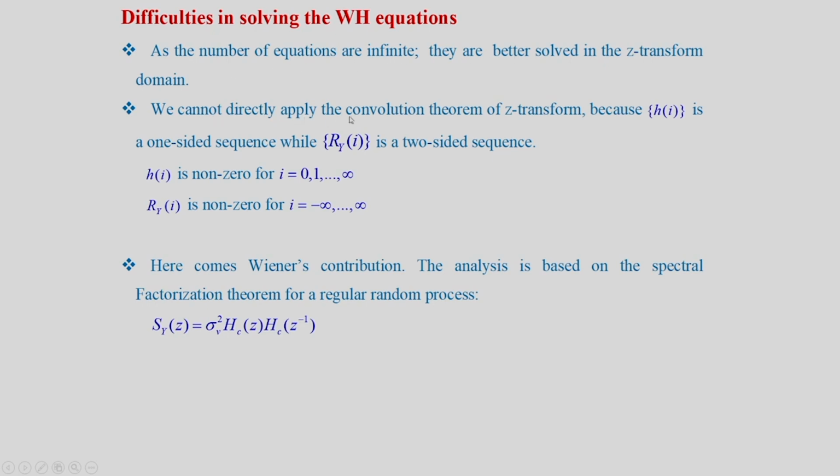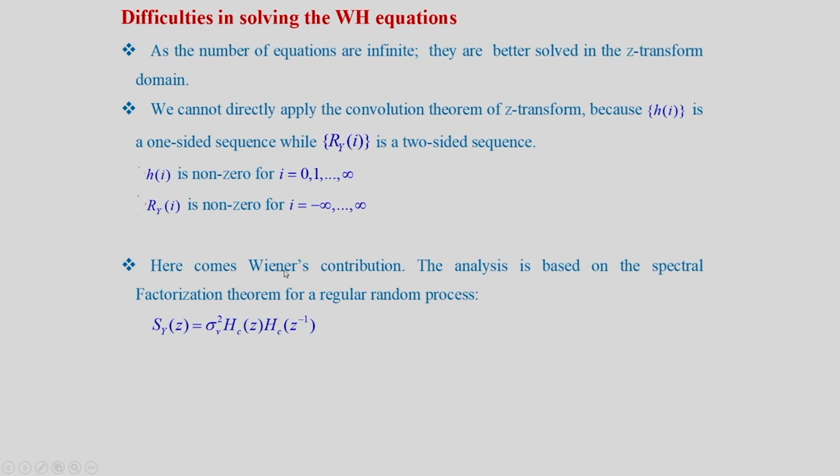We cannot directly apply the convolution theorem of the Z transform, because the h_i sequence, that is the filter coefficient sequence, is a one-sided sequence, while the autocorrelation sequence is a two-sided sequence. Thus, h_i is non-zero for i equal to 0 to infinity, but r_y is non-zero for i equal to minus infinity to infinity. Because of this, we cannot apply the convolution theorem of the Z transform on the Wiener-Hopf equations.